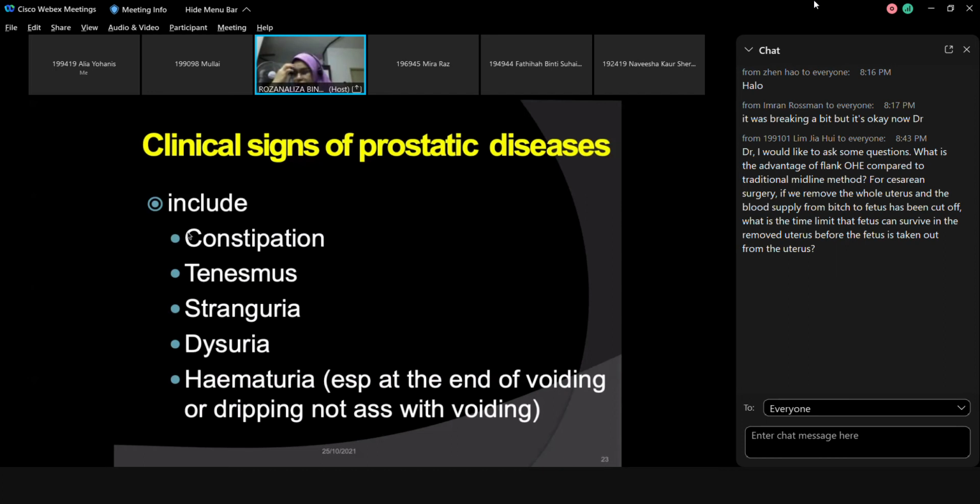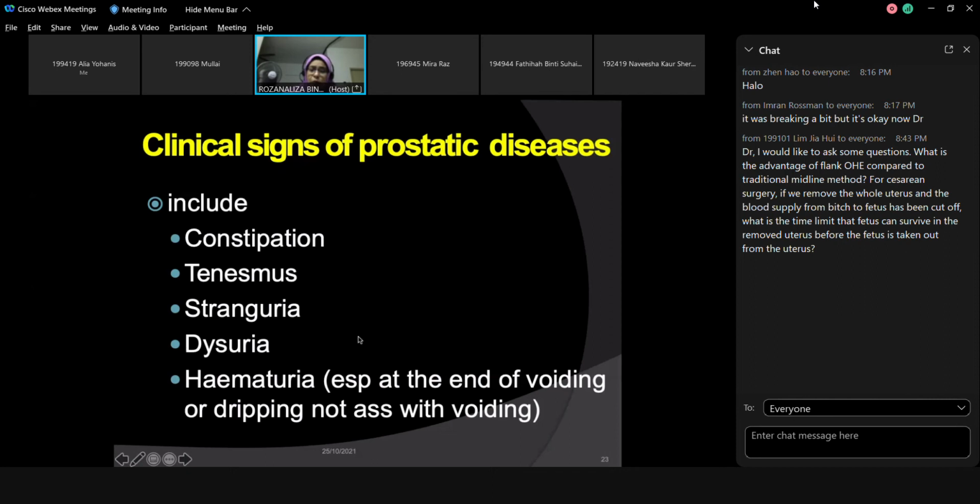It's not only compressing the urethra, it's going to compress your colon. So sometimes you cannot differentiate: is this a bladder issue, or does this cat have megacolon, constipation, obstipation, because they can share the clinical signs of constipation, tenesmus, stranguria, dysuria, or even hematuria.